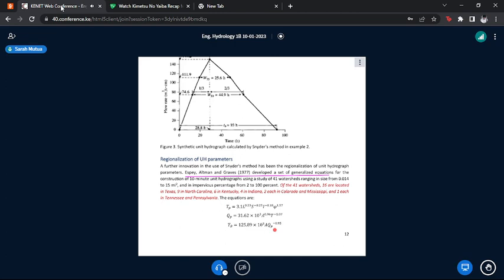But what I'm trying to show, and the importance of this, is that you can go further and develop regionalized parameters for the UH, for the Snyder's unit hydrograph, for a particular region.